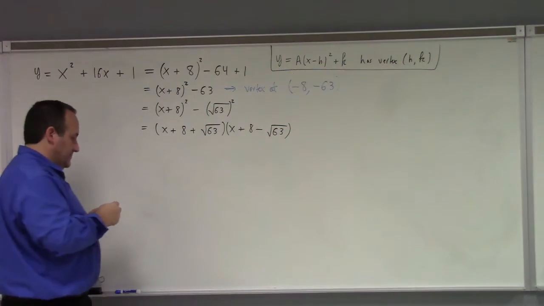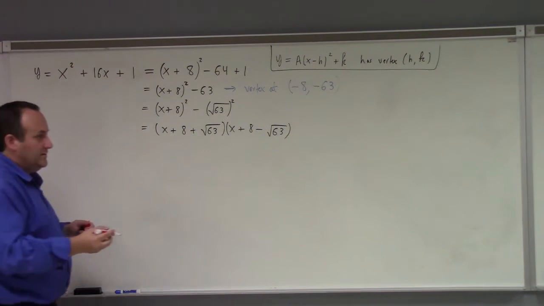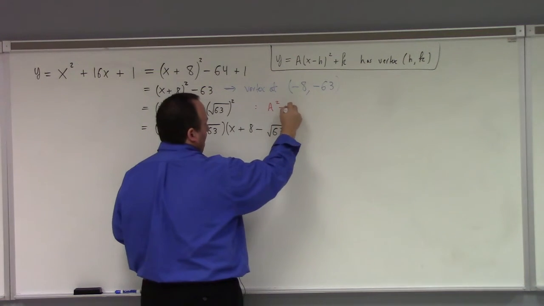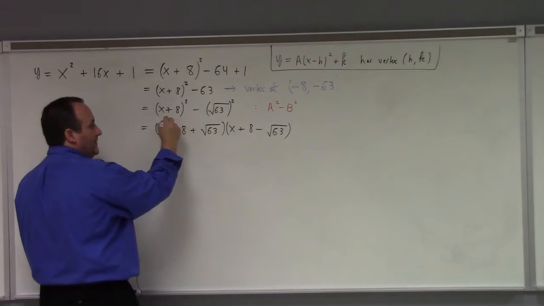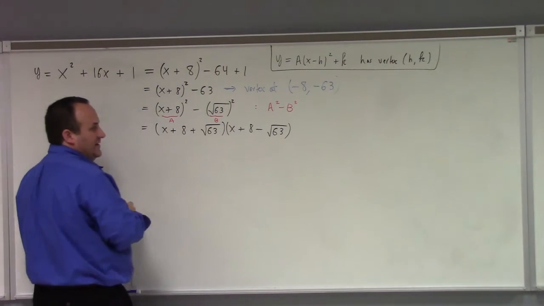So what I'm doing there is going back to day 1. One of the first things I told you is important is the difference of squares formula, right? So this is like a squared minus b squared, where a is x plus 8, and this square root of 63 is my b.